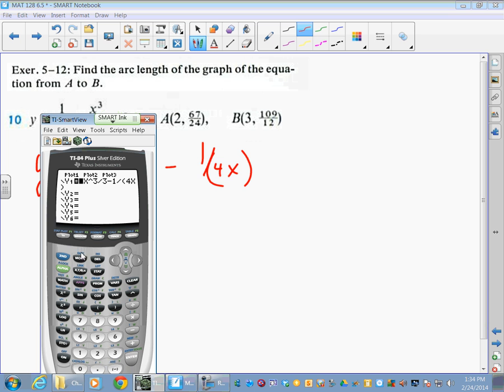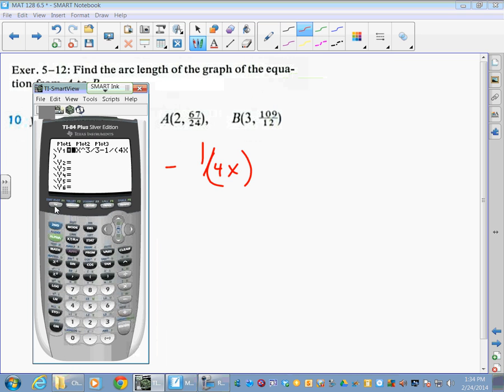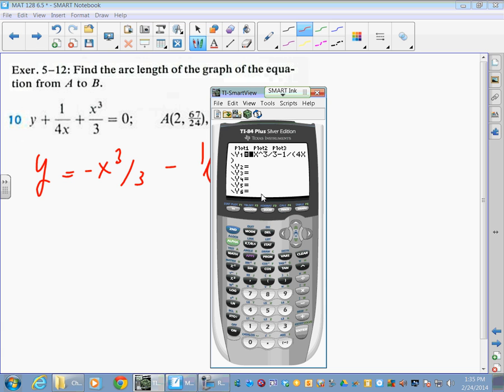Yeah, they give these values of 2 and 3 and they're both positive. y equals negative x cubed divided by 3.